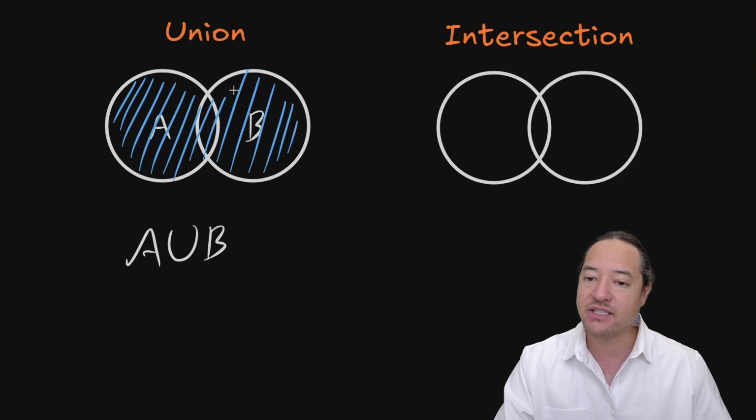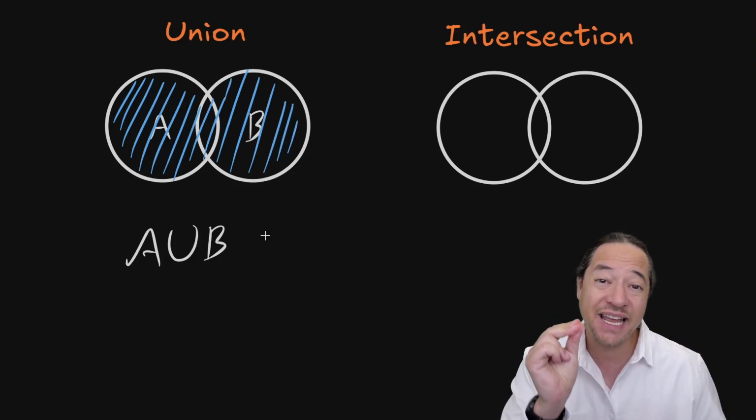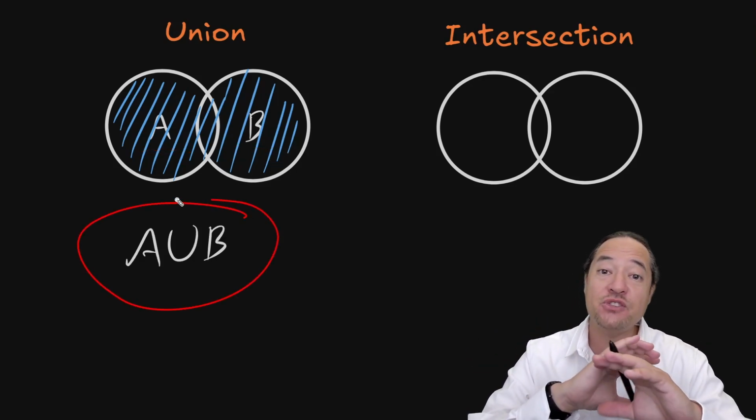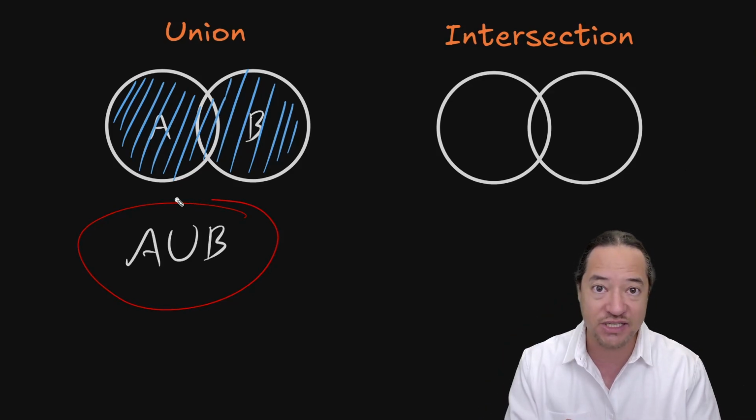So if an element is in set A or is in set B, then it will be in the new set A union B. And so that means you grab all of the elements that are present here.